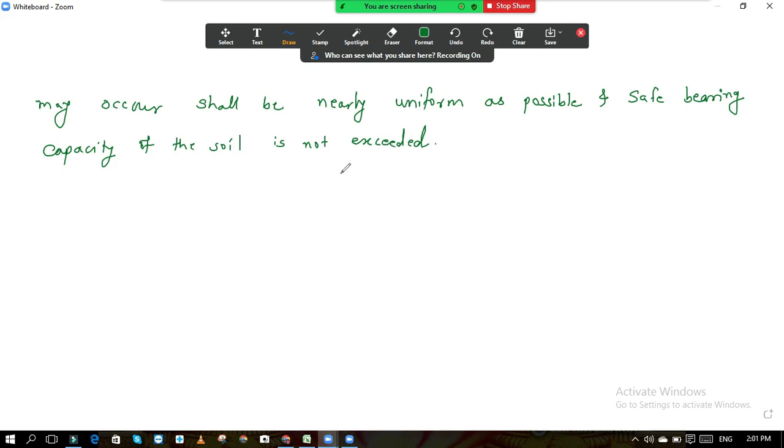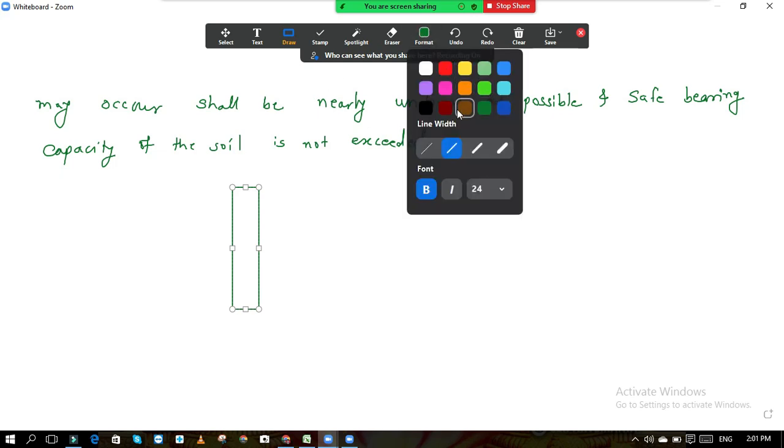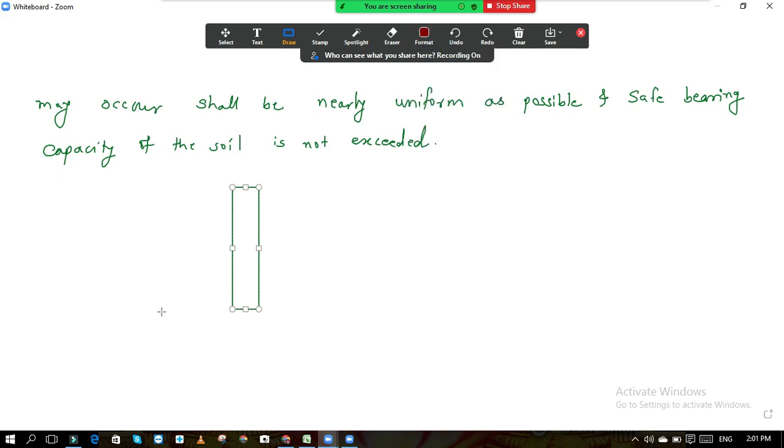Okay, so if I draw the diagram of the footing, I will draw a simple isolated footing. First, see, this is the column, and the footing in the sectional elevation. You can see the footing in this way.